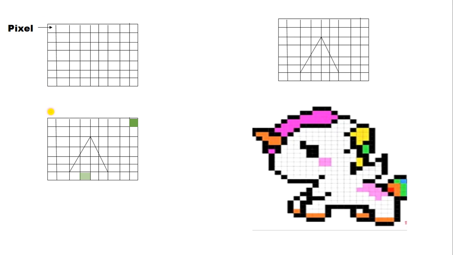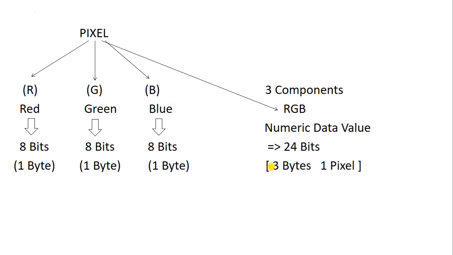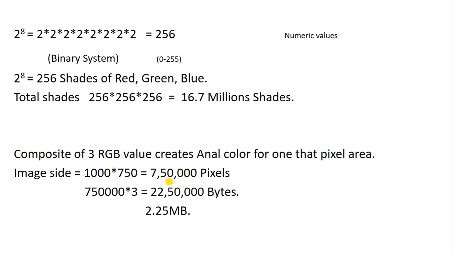So if we multiply them, we get 7,50,000 pixels.